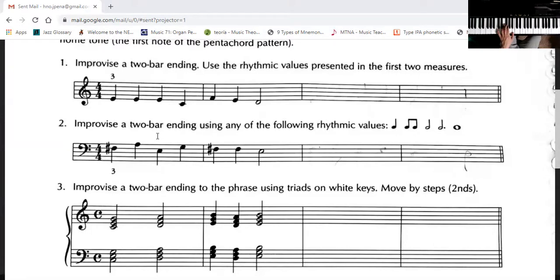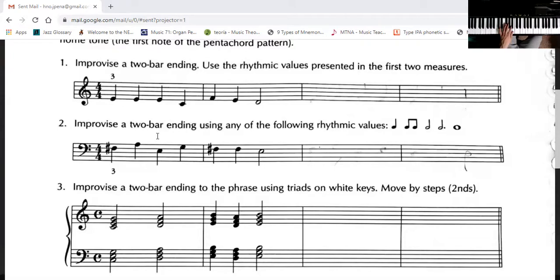Sequence. Oops, let's try that again. Okay, so that was the sequence. Let's try that again, making sure that we start with the first two measures. So it's kind of like doing, what do you call it, transposition when you do the sequence.